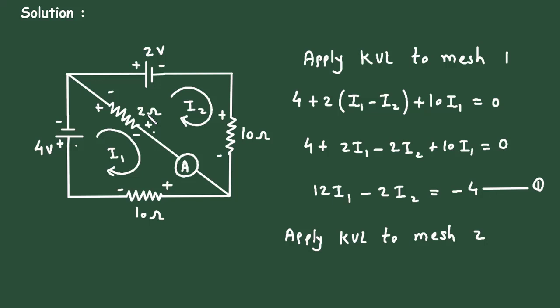So it will be plus 2 I2 minus I1, 2 in bracket. We are solving for mesh number 2. So this will be I2 minus I1, then plus 2, then plus 10 I2. Now the loop is completed, so it is equal to 0.